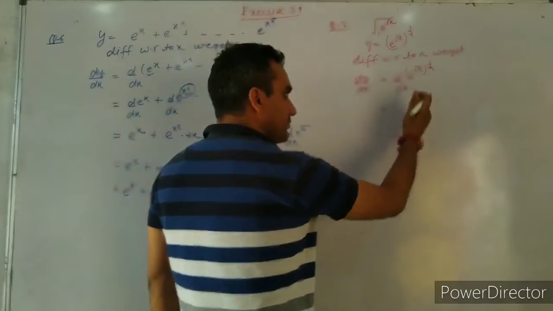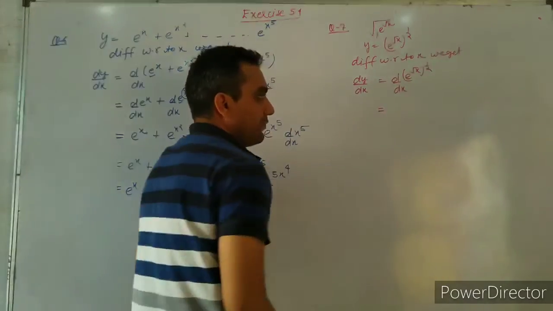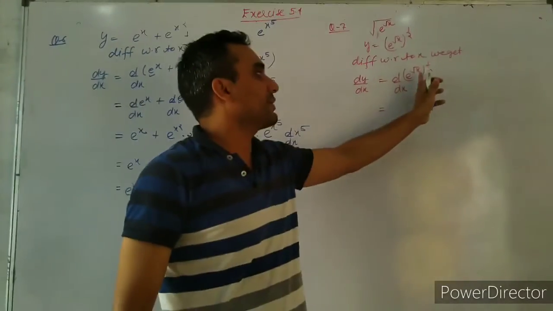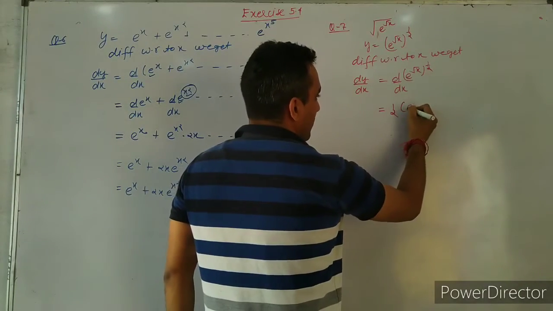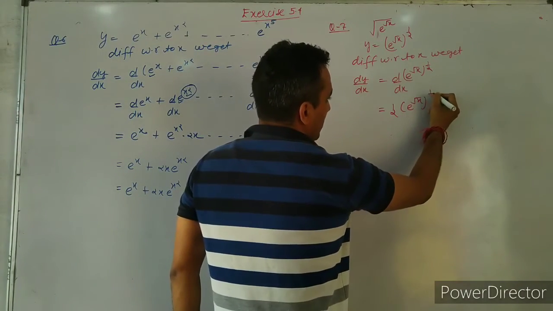First of all, we will apply the formula for x to the power n, which will give me n x to the power n minus 1.